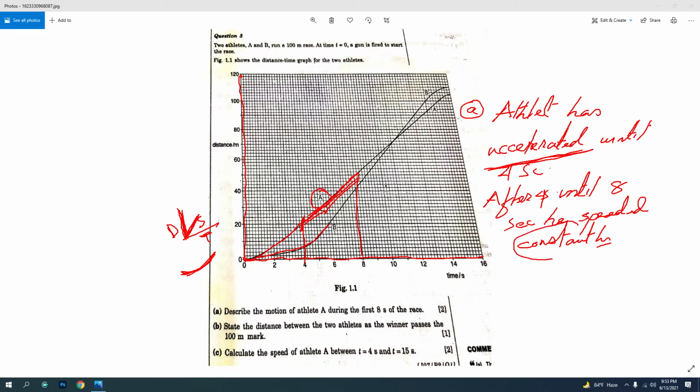So these 2 key words are very essential. In the first part he accelerated, in the second part he continued constantly. So in the answer, if you write these 2 words carefully, your answer is right, because 2 matters count in your answer.